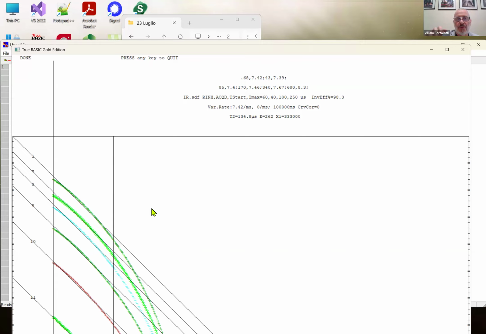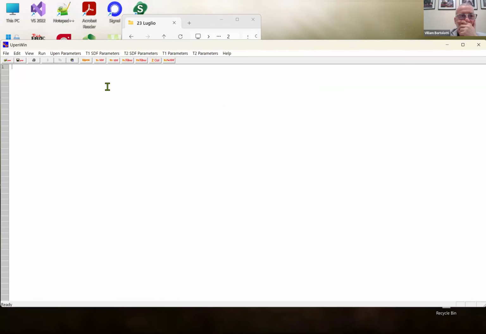Perhaps the sample was not in the center, in the sensitive volume of the coil. There can be many reasons. Because this is a logarithmic scale, and if you represent a mono-exponential relaxation in logarithmic scale, you should have a line, okay? So this is far from a line shape, which means there is something in the acquired data. In any case, we can continue.